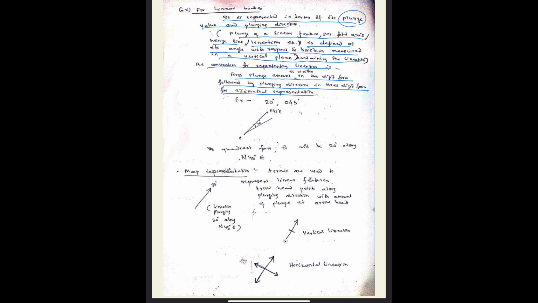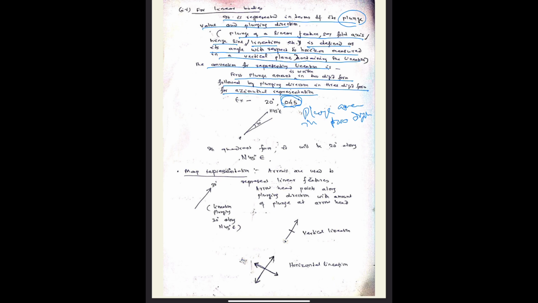In case of a planar body, for representing dip and strike, we use first the strike, then the dip value. But in case of a linear body, first we have to write down the plunge amount in 2-digit form, followed by the plunging direction in 3-digit form.